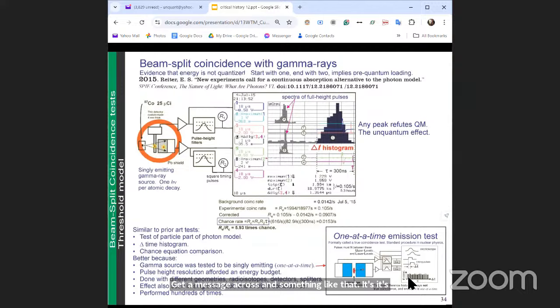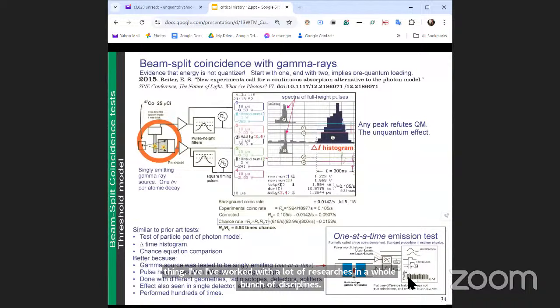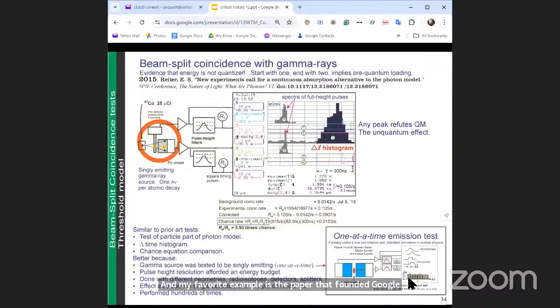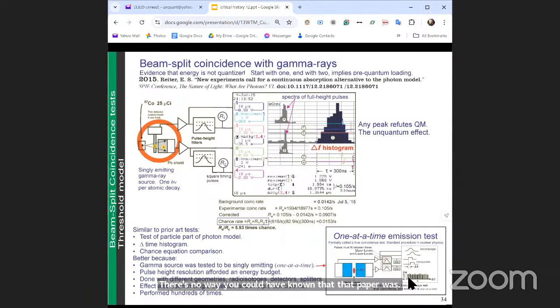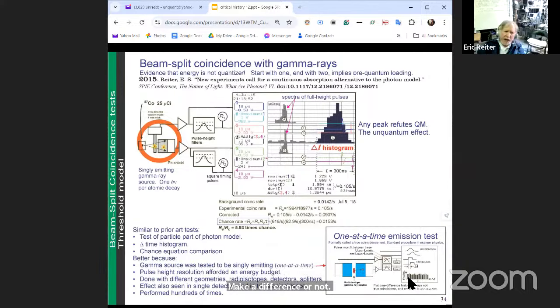I've worked with a lot of researchers in a whole bunch of disciplines, and my favorite example is the paper that founded Google looked like any of 100 other papers. To this day, there's no way you could have known that paper was going to have that much of an impact. You can't tell sometimes just from the details what's going to make a difference or not.